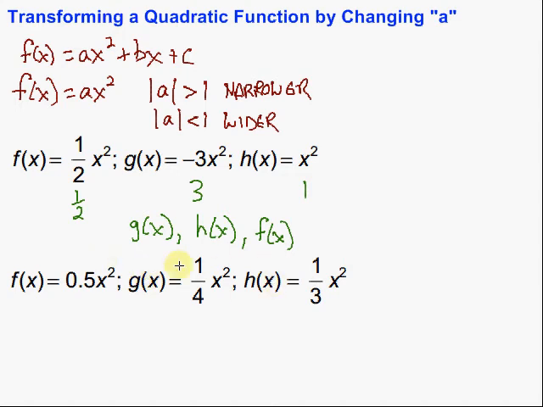Okay, now this next one's a little bit more challenging because we've got all things that are less than 1. So what we know for sure is that all these graphs are going to open wider than that parent function that we had right here, the x squared. So, let's think about this one.